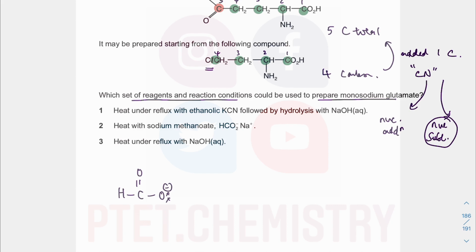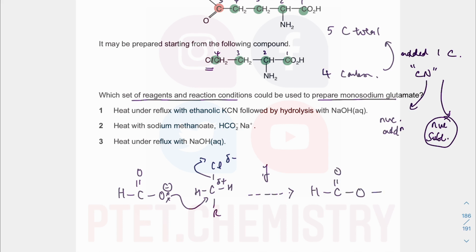You have that, and it will not attack that thing, because if I show it very clearly, you have H and H. If I show R, delta minus delta plus, your charge is on the oxygen. So when you draw the mechanism, it will be from the oxygen to there, and if that reaction proceeds, I'm just going to use a dotted arrow because I'm not sure whether it proceeds or not. But of course you can try and draw it out, and what do you get?